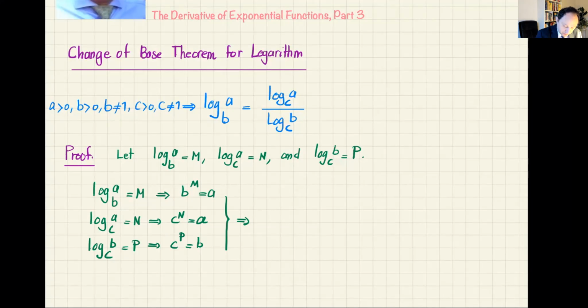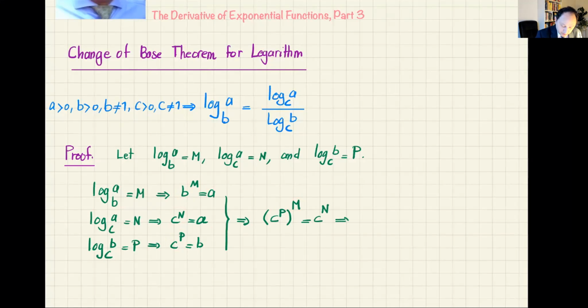So let me just write it. I put C to power P, and then I have a power of an M equals to, you see, instead of this B, I put C to power P. And there is an M here, so I put that M there. Instead of this A, I put C to power N because they are equal.